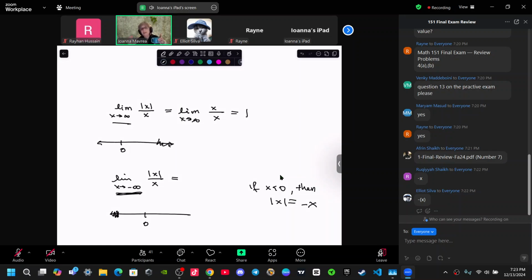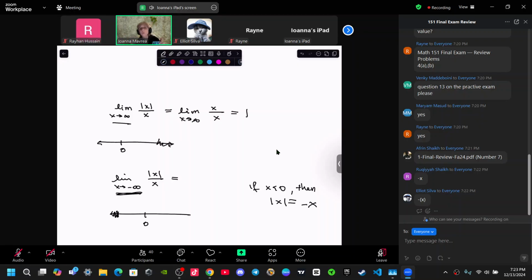So since I know I'm going to negative infinity and x is negative, right? First of all, you can't take a limit, derivative or integral with the absolute value sign. You need to get rid of the absolute value. So you can't just say, oh, I know what the answer is. Don't do that. Get rid of the absolute value. So your first job is to figure out whether the answer to the absolute value of x is x or negative x. That's what you have to choose.